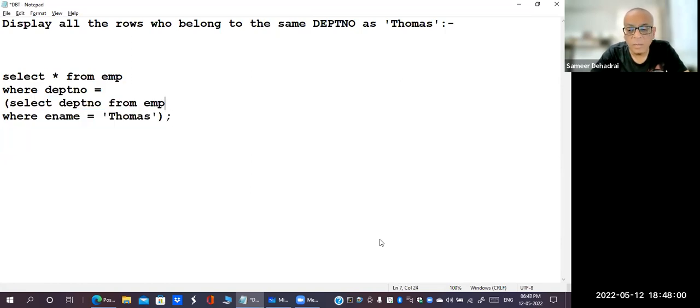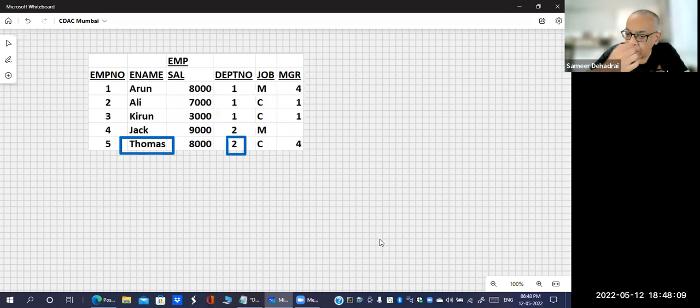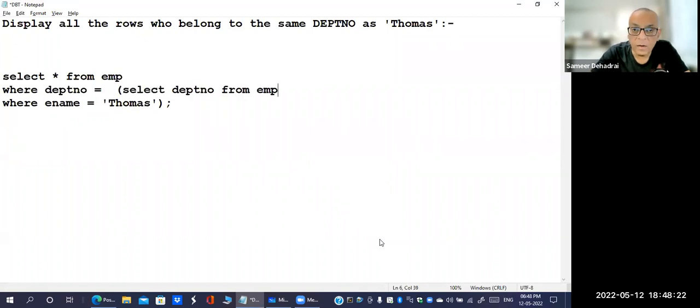So first, my subquery will execute. Select department number where name equal to Thomas. This will return the department number of Thomas. In our case, it returns a value 2. This value 2 that is being returned will not be displayed on the screen.